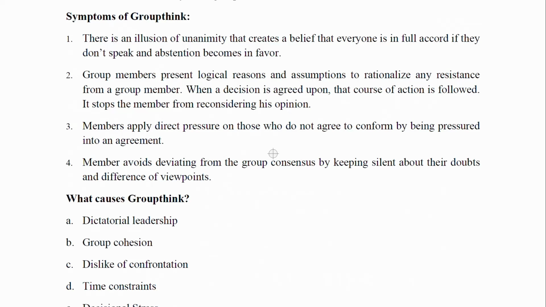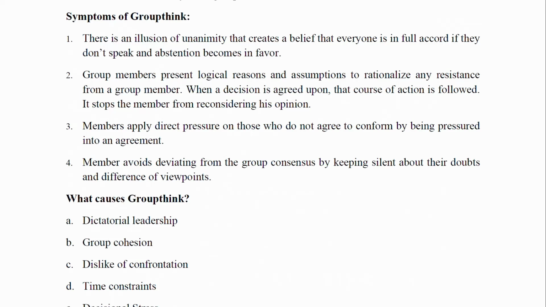When a decision is agreed upon and that course of action is followed, it stops the member from reconsidering his opinion. Third, members apply direct pressure on those who do not agree to conform by being pressured into an agreement. Fourth, members avoid deviating from the group consensus by keeping silent about their doubts and differences of viewpoints.